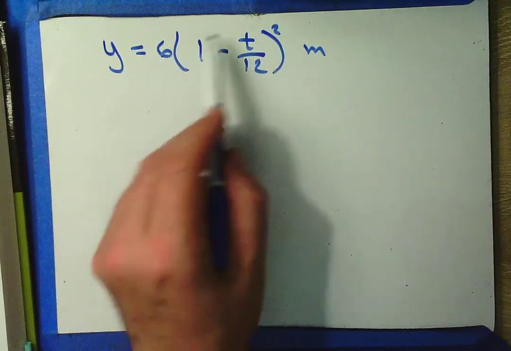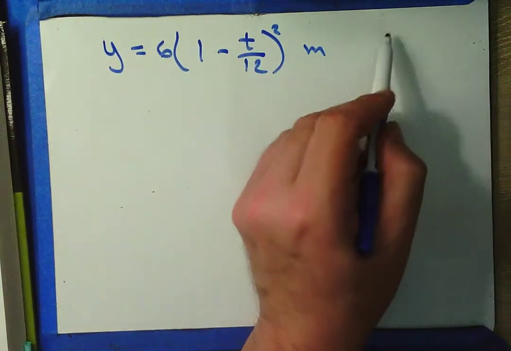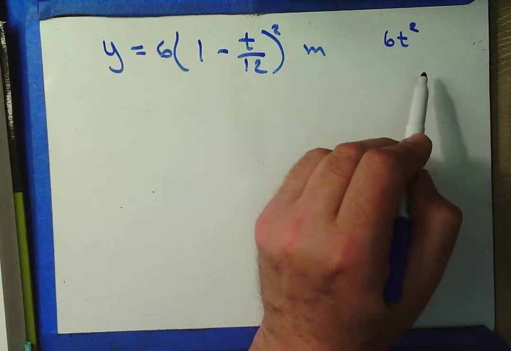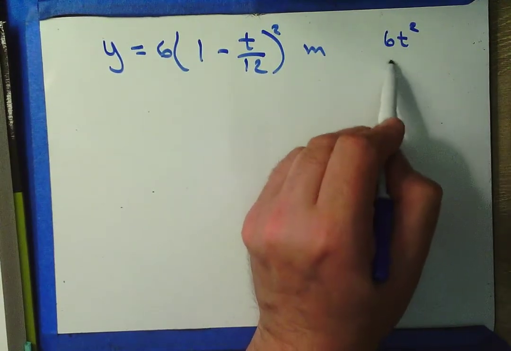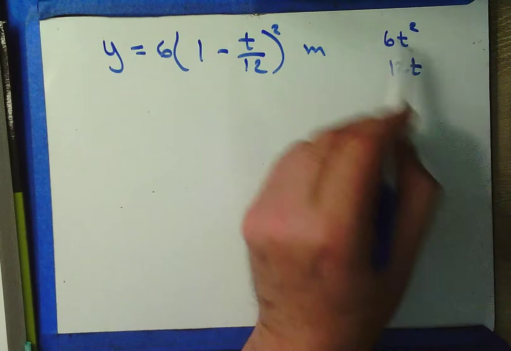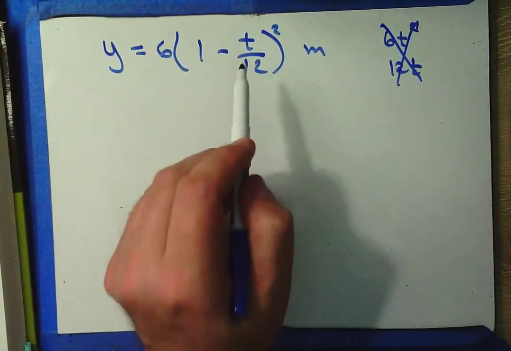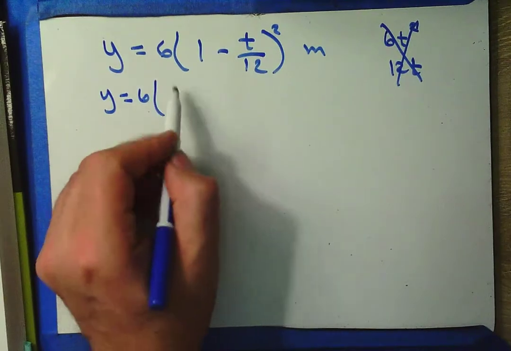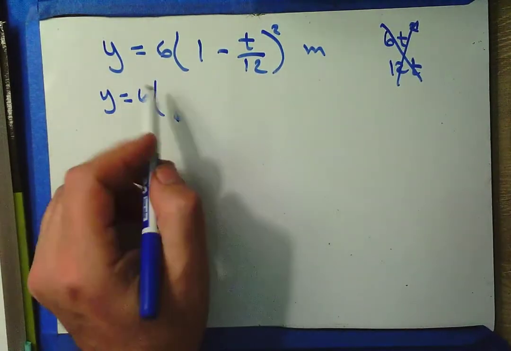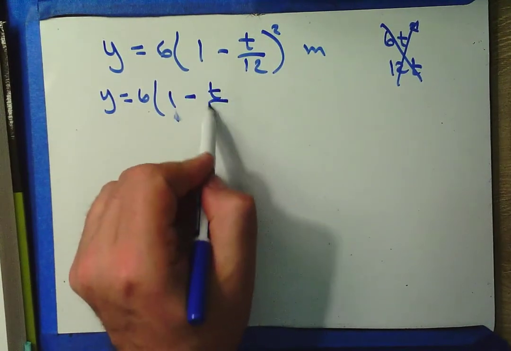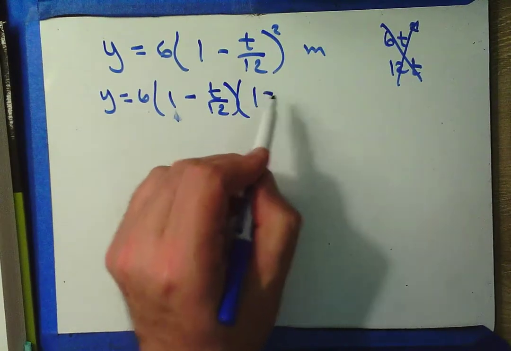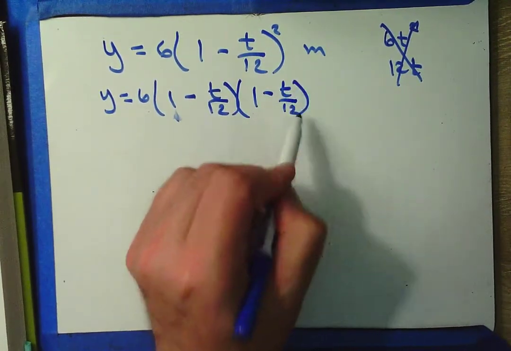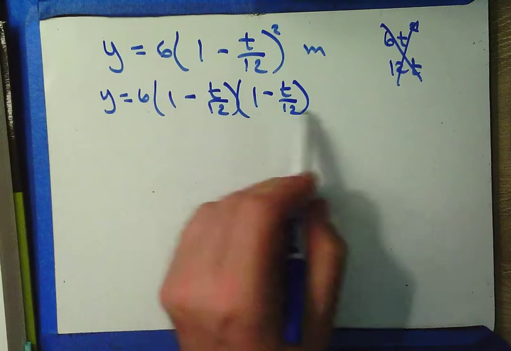But I've got stuff in here. This isn't the same as 6t squared. If I had 6t squared, 12t would be my derivative. Well, it turns out that we can't do that here. We're going to have to rewrite this. It's 1 minus t over 12, 1 minus t over 12. And so then I'm going to have to FOIL.